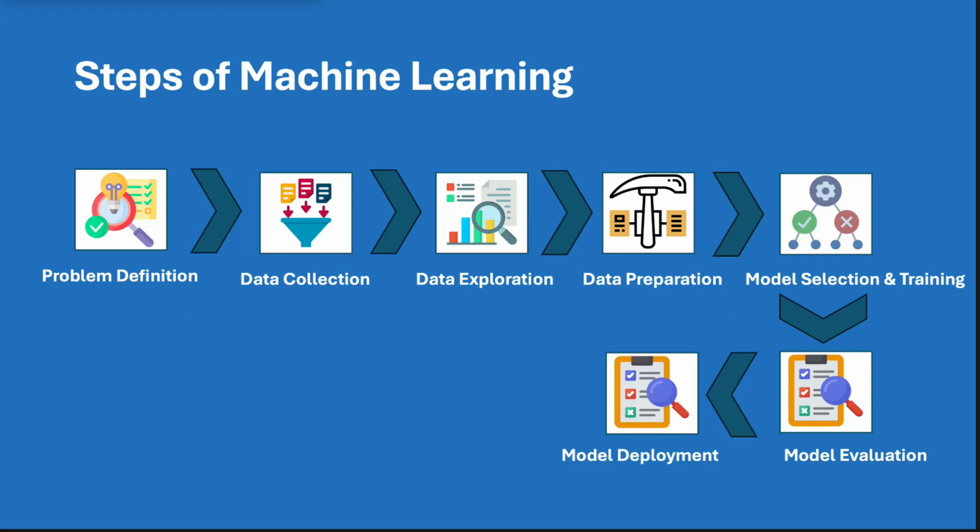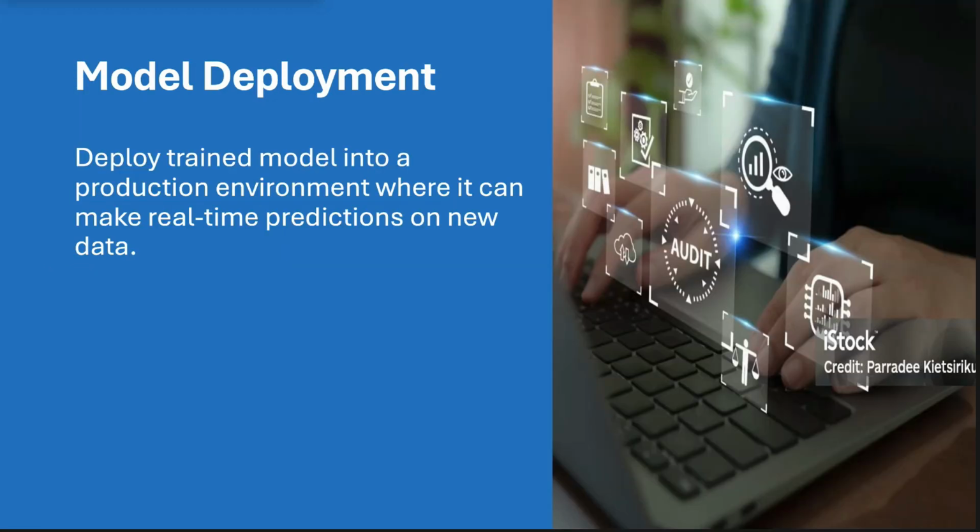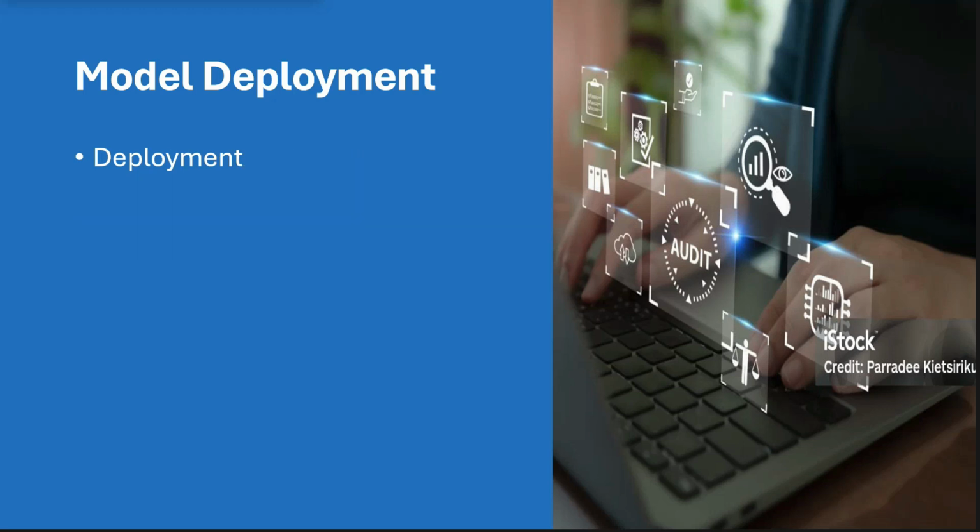Now, the final step of the machine learning process is called model deployment. This step involves deploying the trained model into a production environment where it can make real-time predictions on new data. It also includes ongoing maintenance to ensure the model continues to perform well over time. The key elements of this step are deployment: move the model from a development environment to a production environment.